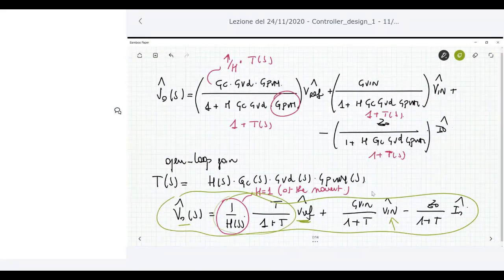The variation of the voltage V out in terms of the variation of V in is this, and the variation of the output voltage in terms of the output current is described in this way.